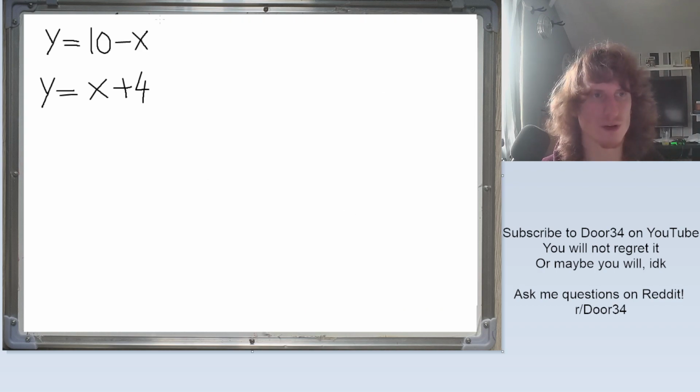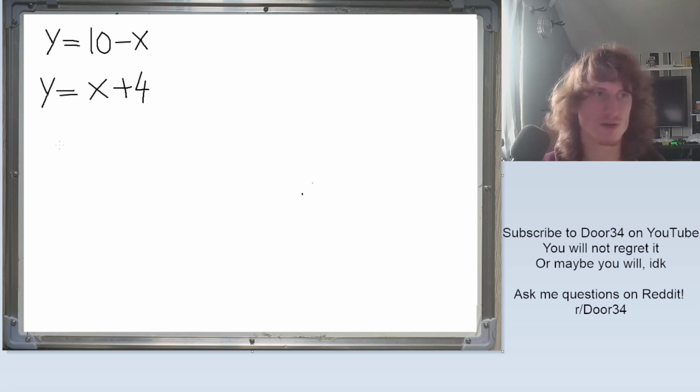So I'm working with a running example here. We have this equation, y equals 10 minus x, and we have this equation, y equals x plus 4. And what you're going to do is you're going to match the equations up. So we know that y is equal to 10 minus x, but we also know that in our solution y is equal to x plus 4.